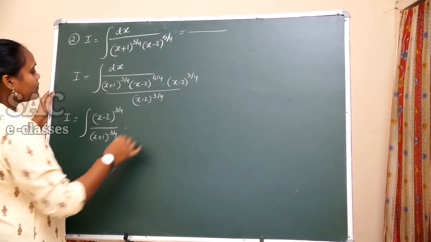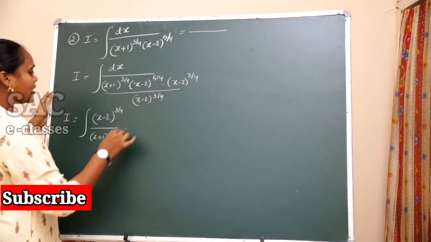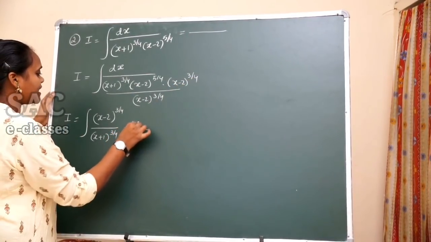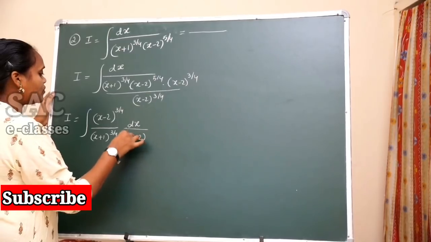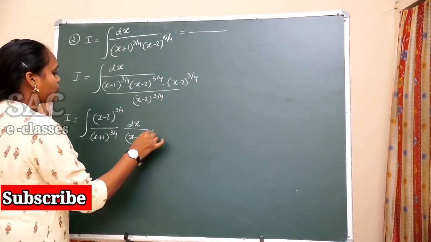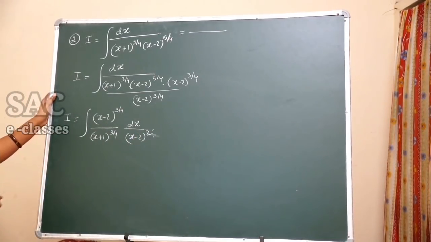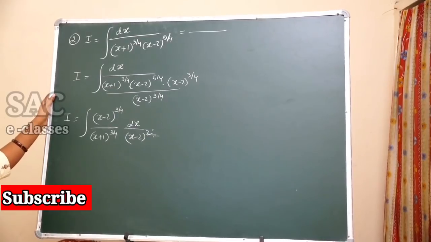Into (x minus 2) whole power 5 by 4 into (x minus 2) whole power 3 by 4, which can be written as (x minus 2) whole power 5 by 4 plus 3 by 4, that is 8 by 4, which is 2.